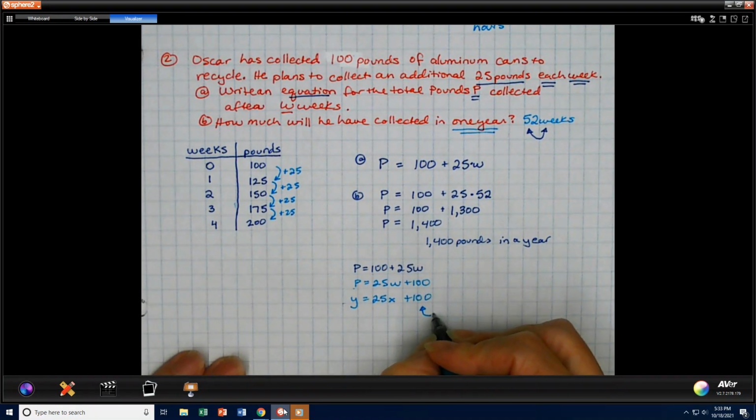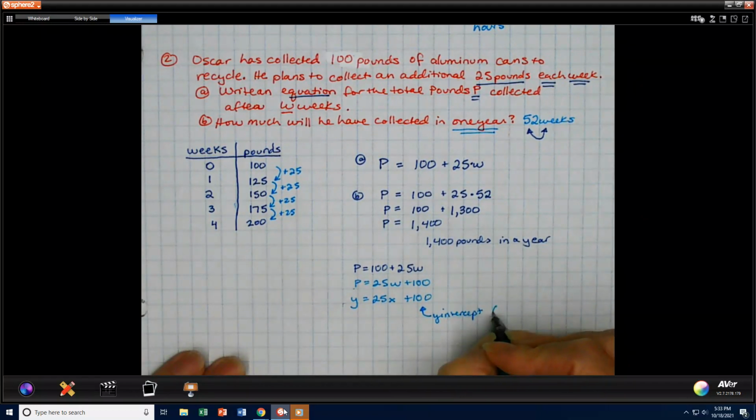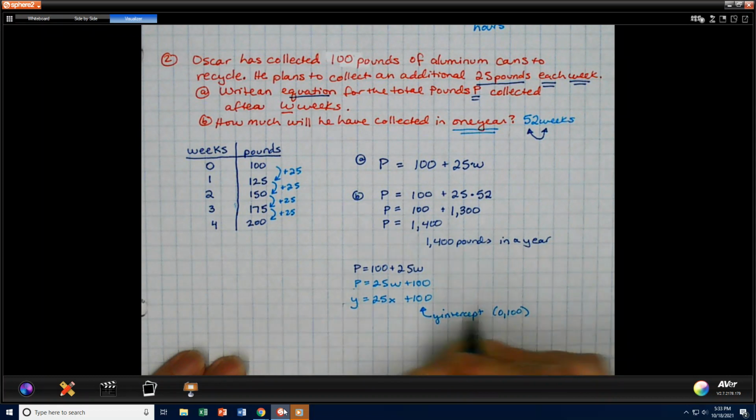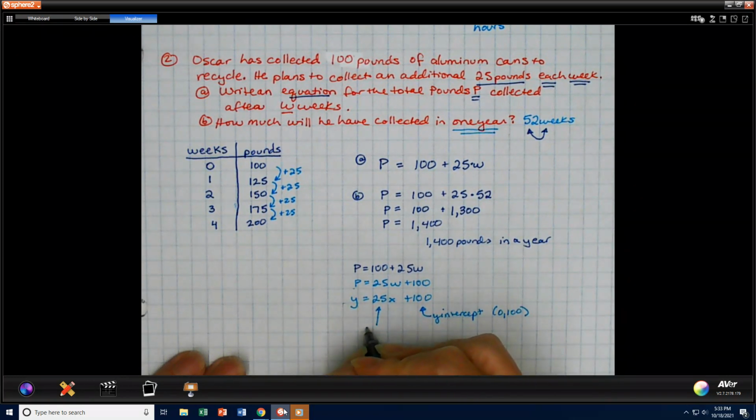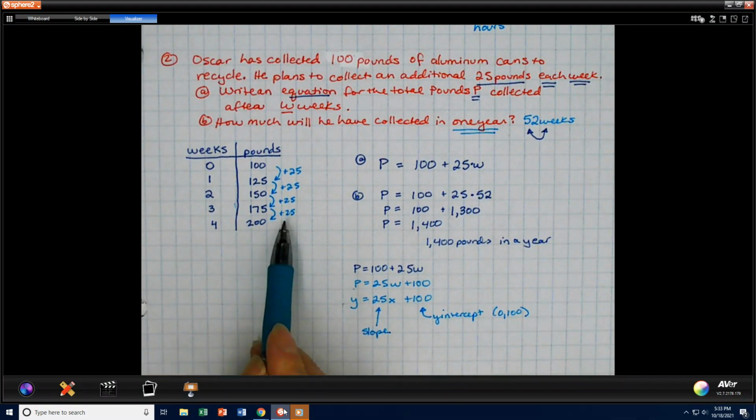This would be my Y-intercept at 0, 100. And this would be my slope, which is the same thing as your rate of change.